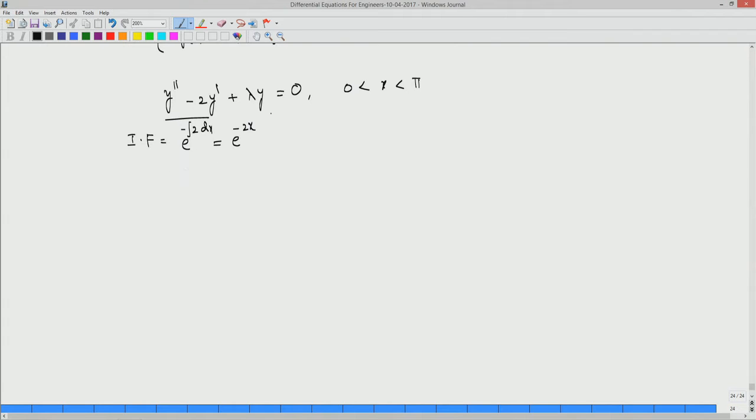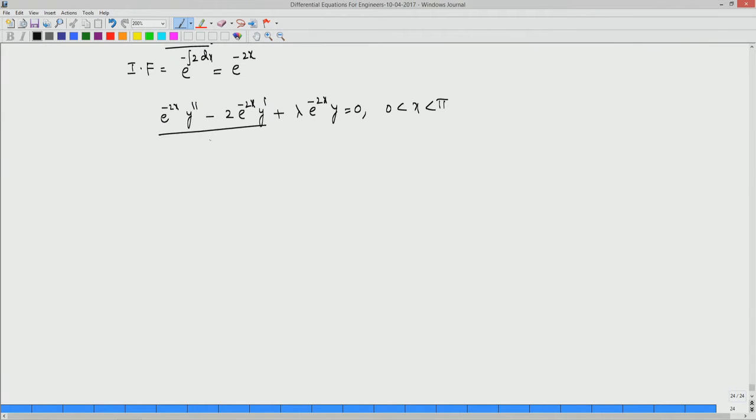If you multiply this equation by e power minus 2x, you get e power minus 2x y double dash minus 2 e power minus 2x y dash plus lambda into e power minus 2x y equal to 0, where x is between 0 and pi. Now, with the multiplication of the integrating factor, I can combine these two terms together as the derivative of e power minus 2x y dash.